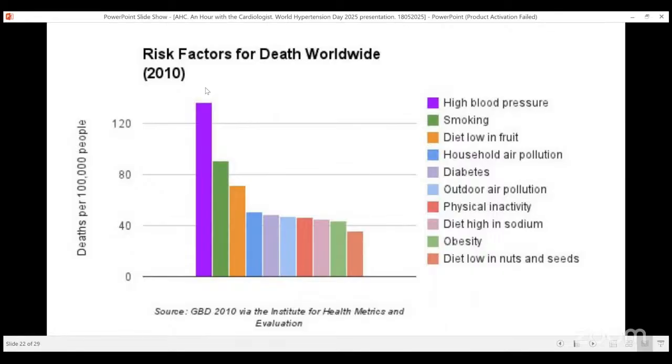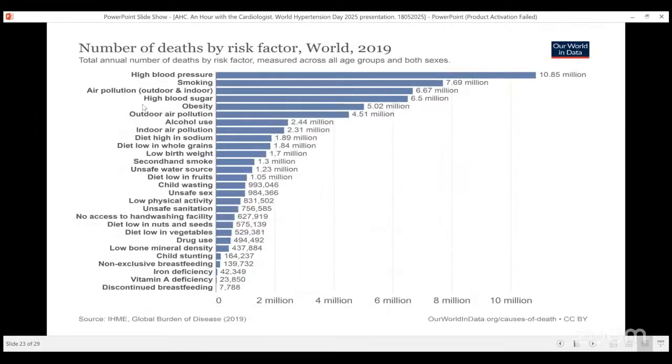Hypertension-related deaths: stroke, heart attack, heart failure, kidney problems like kidney failure, peripheral arterial disease, all sorts. Hypertension is usually a factor in the mix. So it's important that we control it. If you can control your blood pressure, a lot of deaths will be prevented. It's extremely important that we know that. Fast forward to 2019, hypertension still retains its number one spot.